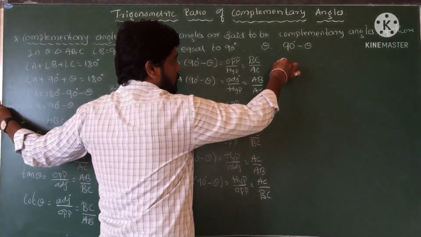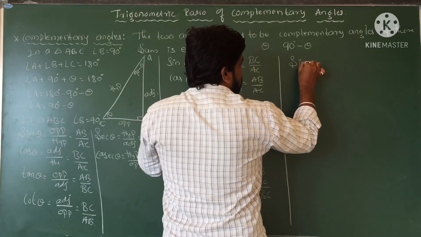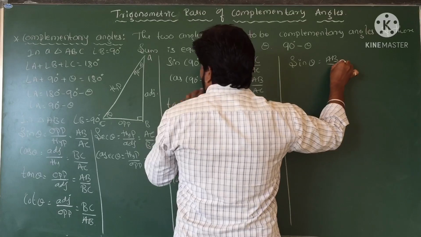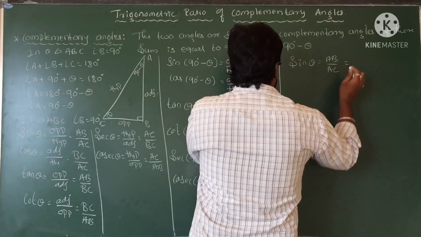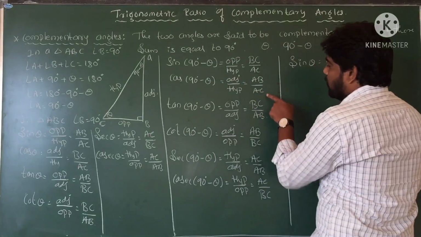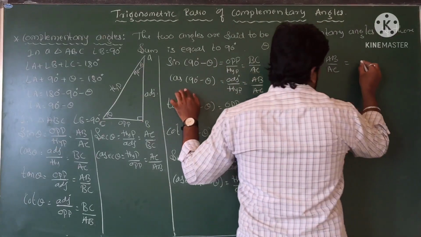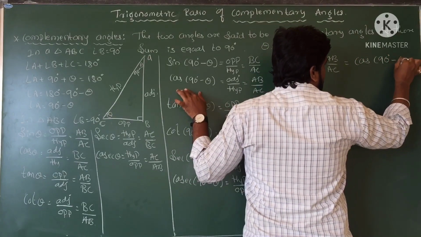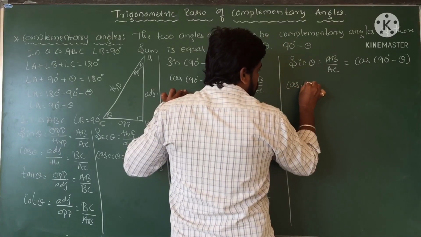So we can write here sin theta is equal to AB by AC, and AB by AC is cos 90 minus theta. So next, cos theta.